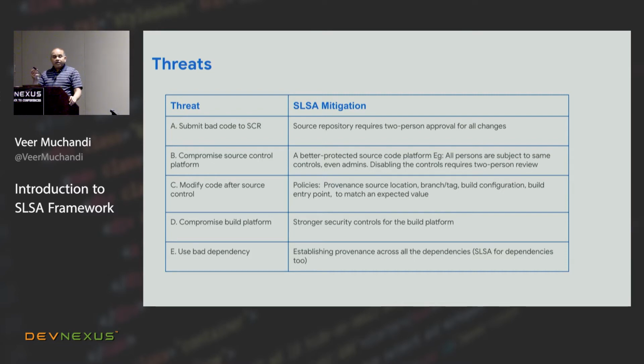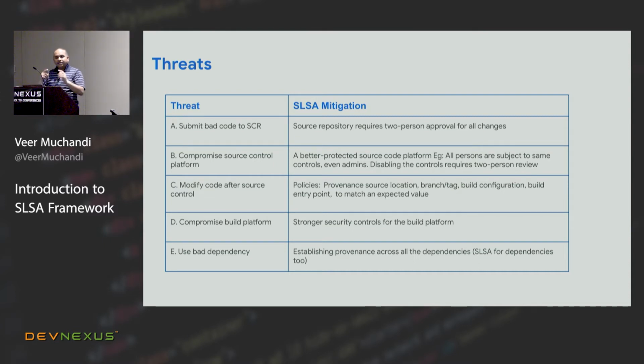Third way, hermetic builds. What does that mean? If the builds can be run in complete network isolation, can we do that? Right? That's the last level. The builds can be made hermetic, repeatable, and completely isolated.